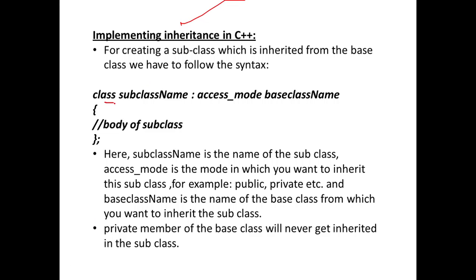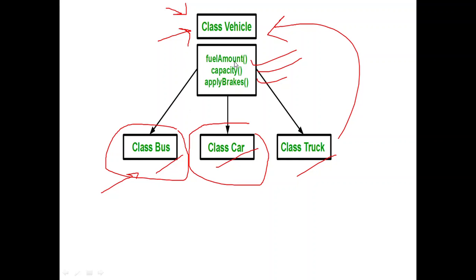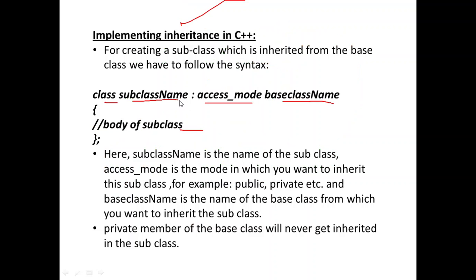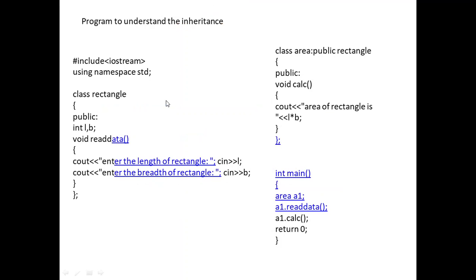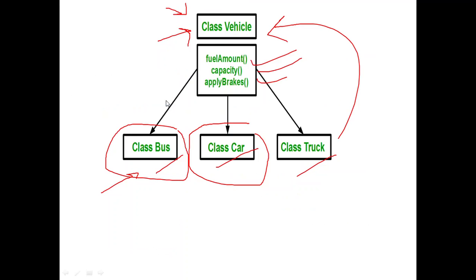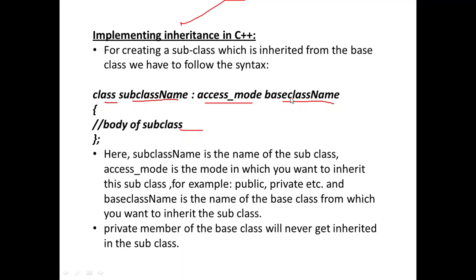Here, first of all the keyword class, and we have to derive something. So that is the subclass name, and the access mode we have learned, that is public, private or protected. Then the base class name and the body of the subclass. Considering the example, the subclass name will be car or bus or truck, whereas the base class will be vehicle.